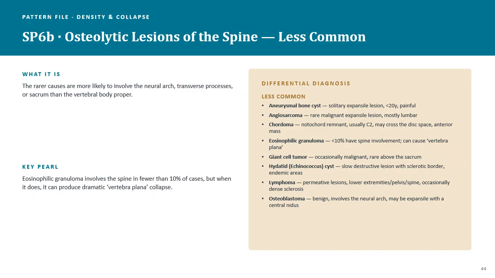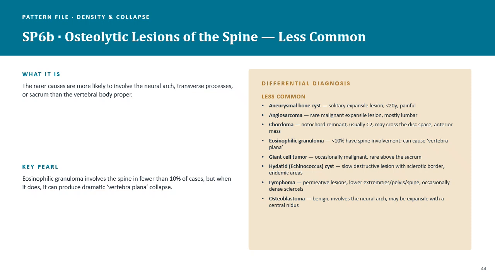A lot of these less common lesions tend to involve the posterior parts of our vertebrae, such as the neural arch and the transverse process, or they may also involve the sacrum. You learned about these parts of the vertebrae, hopefully, in your procedures class.